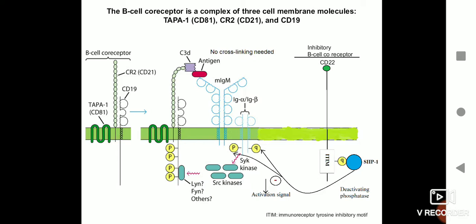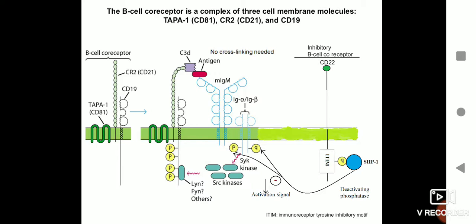So when this SHP1 gets activated by activation of CD22, SHP1 will go and remove the phosphates from the ITAM region of the B cell receptor. When the phosphates are removed, the B cell receptor is no longer active, and hence it cannot activate other signaling molecules.